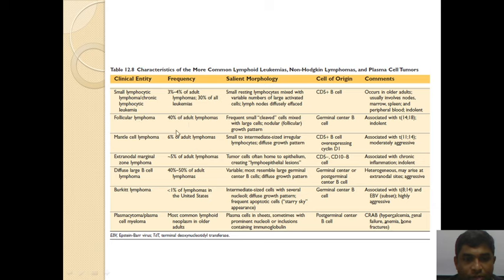So these two are the common lymphomas in adults, and these are composed of small mature lymphocytes, and CD5 is positive in SLL and also mantle cell lymphoma, whereas follicular lymphoma is CD10 positive. Many of them are associated with characteristic cytogenetic abnormalities, like follicular lymphoma associated with translocation 14;18, and mantle cell lymphoma associated with translocation 11;14.